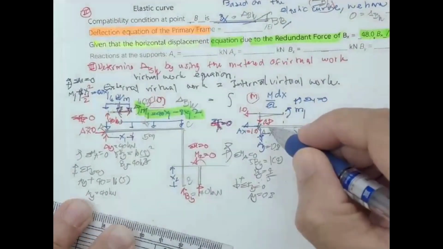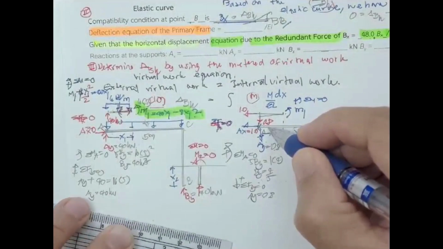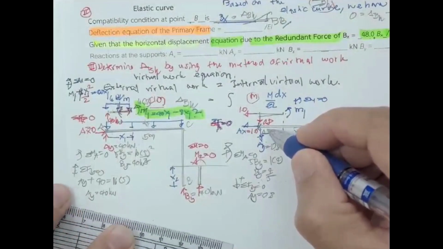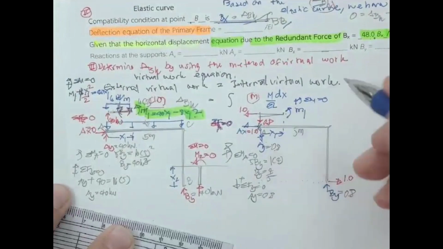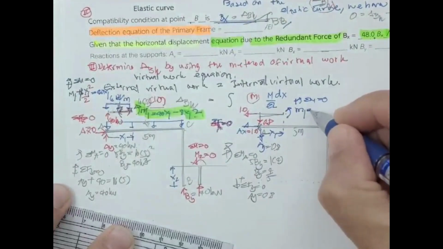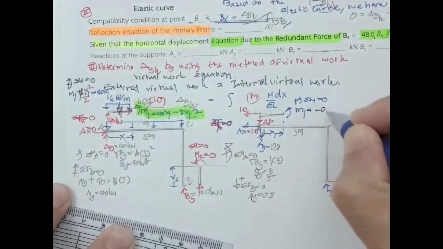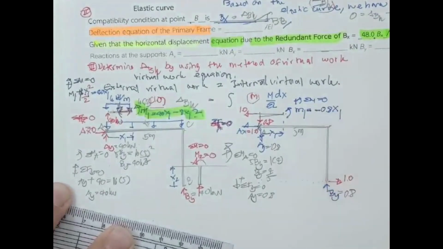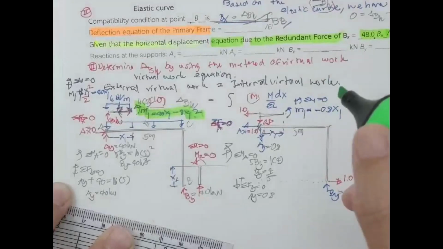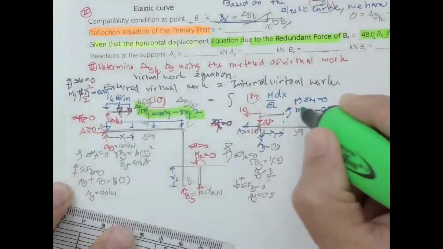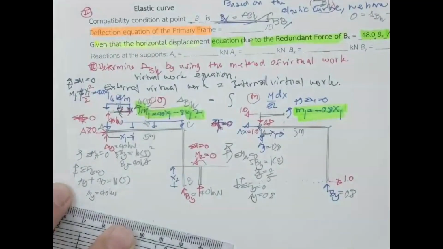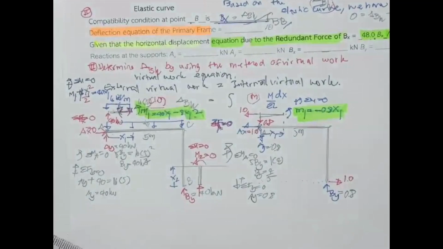You have what? 0.8. Okay, and then this 0.8 rotates in the same direction. So small m1 is going to be minus 0.8 x1. Okay, you get me right? It rotates in the same direction. So just put this one over here. That's upward, this is downward.